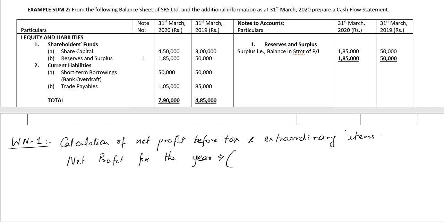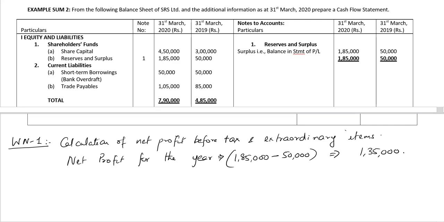The first note, so it's 1,85,000 rupees minus 50,000 rupees, which is equal to rupees 1,35,000. There are no transfer to reserves as per the note 1, reserves and surplus.